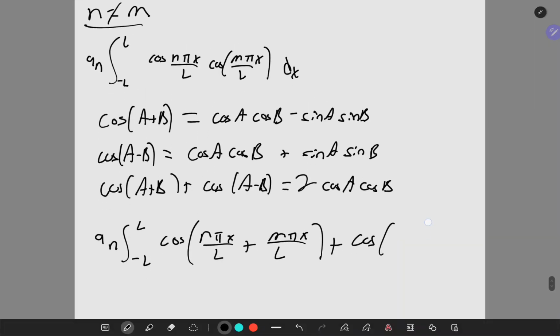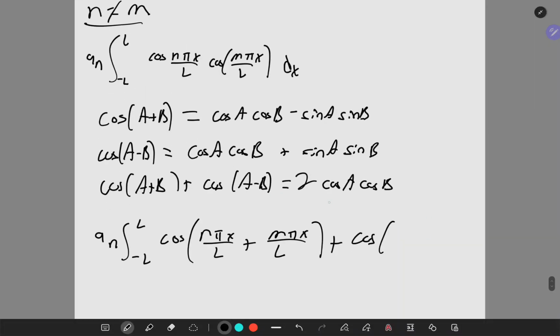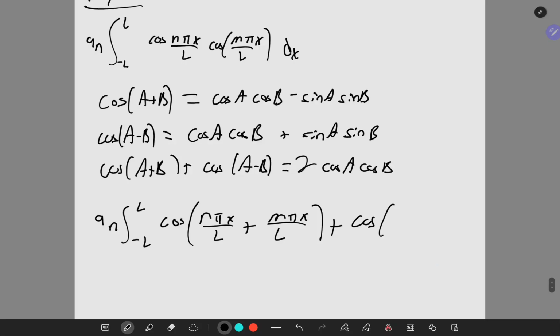That's why I was confused. It's cosine of a minus b. That's why you add these two together, and these two cancel. You're left with 2 cosine a cosine b, plus cosine of n pi x over L minus m pi x over L.